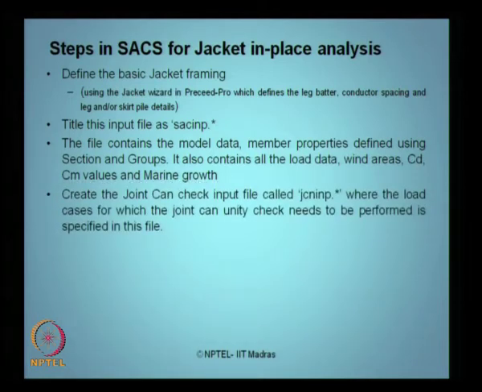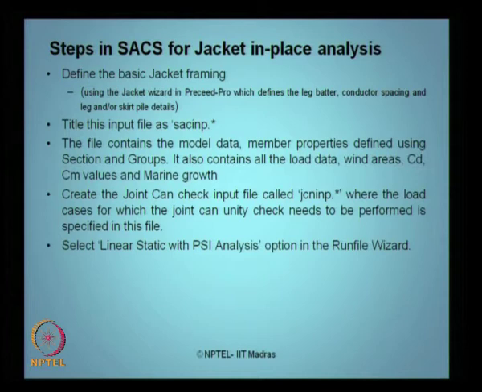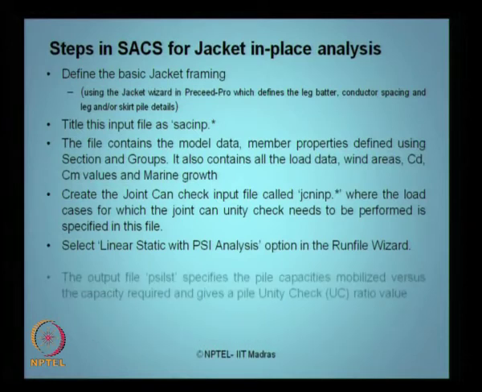Then you have to create the joint can check input file called jcninp.star, where the load cases for which the joint can unity check will be performed are specified. Then select linear static with PSI analysis option in the run file wizard of the software.